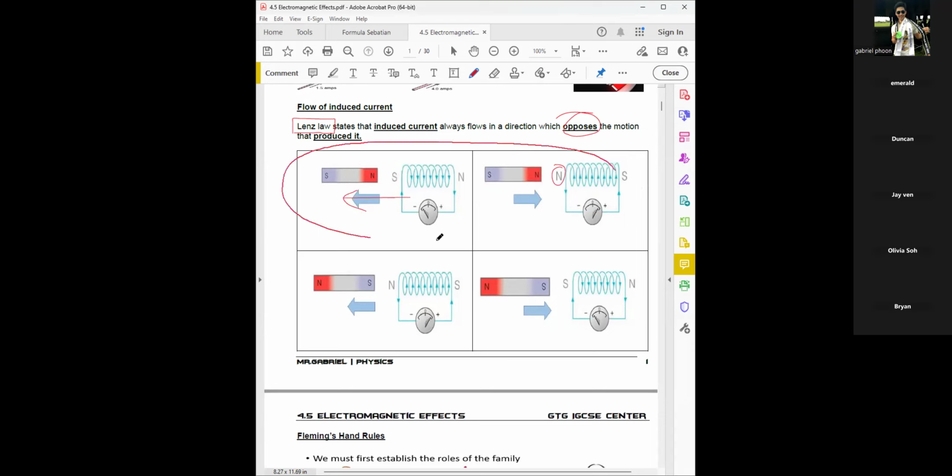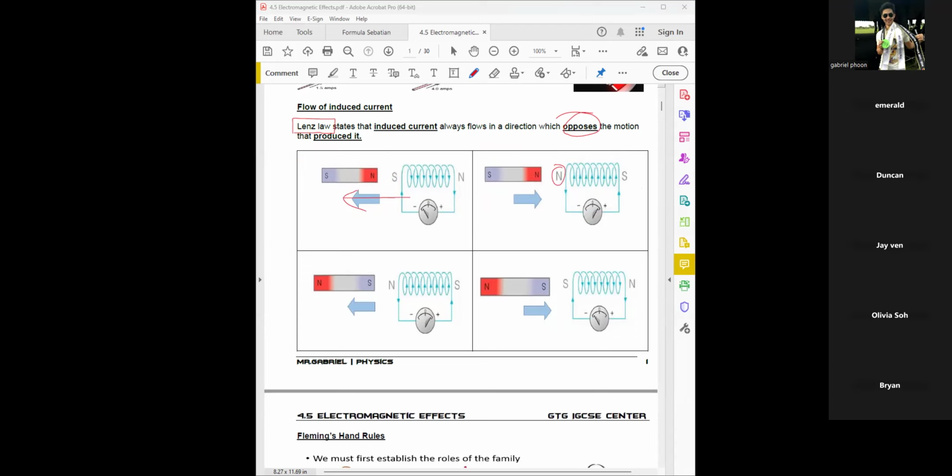Can I have a look at these two diagrams and see if it makes sense in your head?